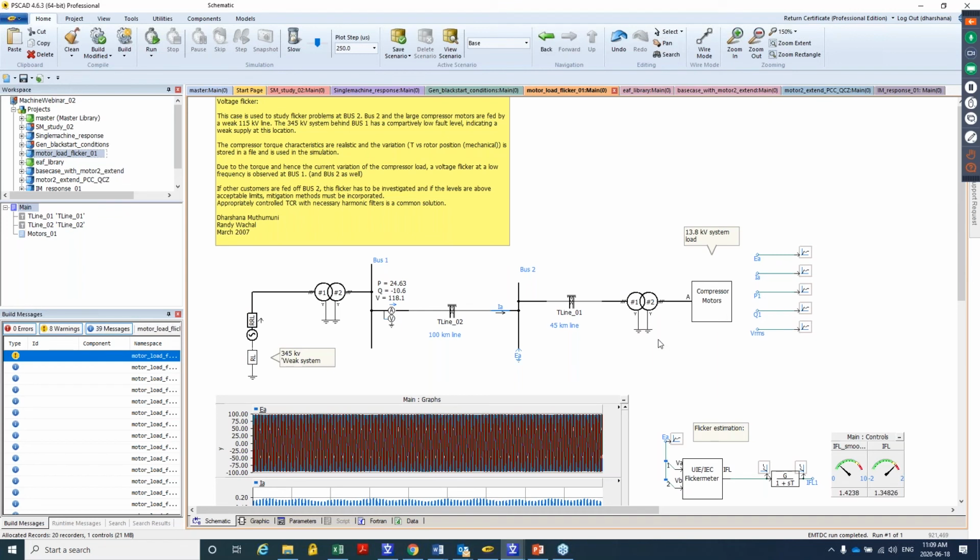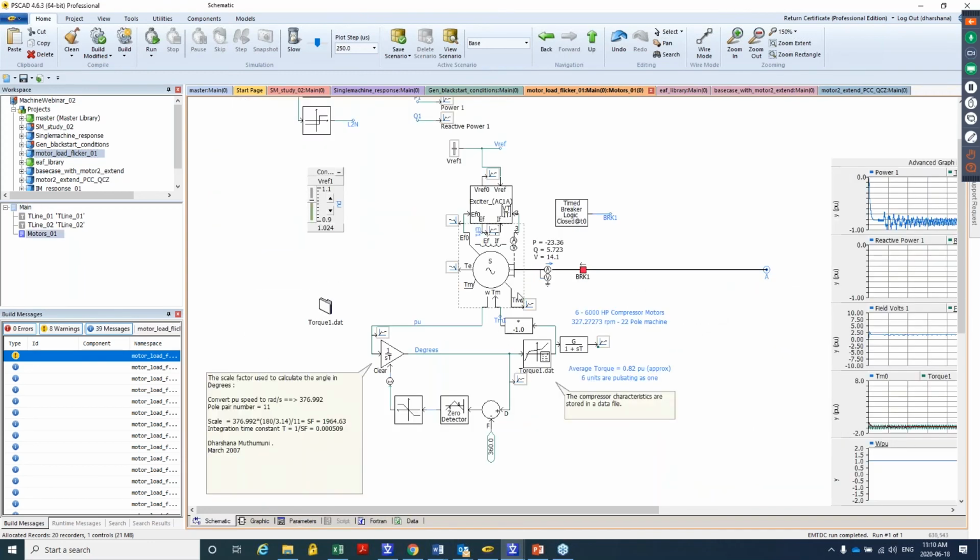You don't have to model a lot of details because we had field recordings of the flicker. By modeling the system to this extent, the synchronous machine, maybe the exciter, but most importantly the torque characteristics of the compressor, we were able to reproduce what we observed in the field.